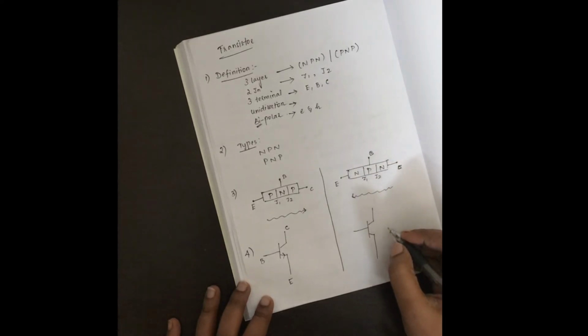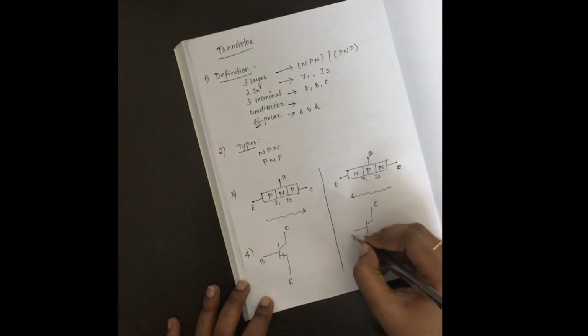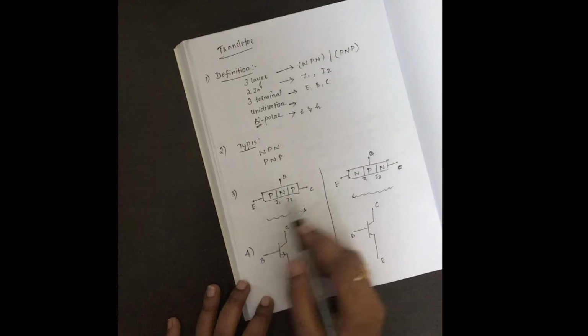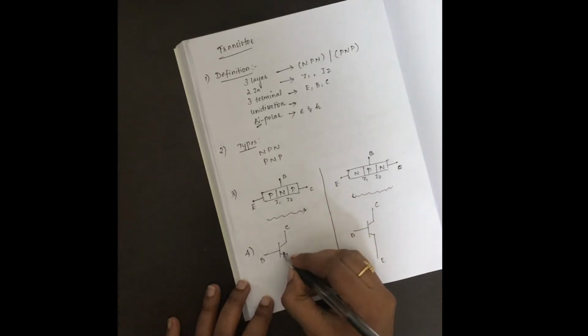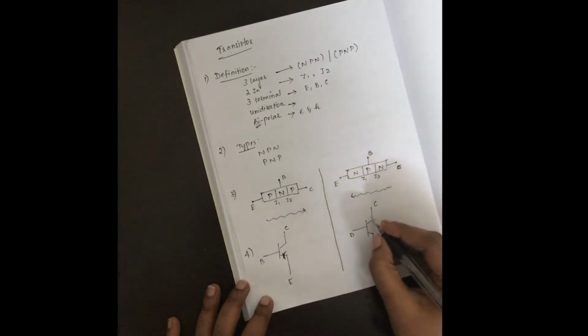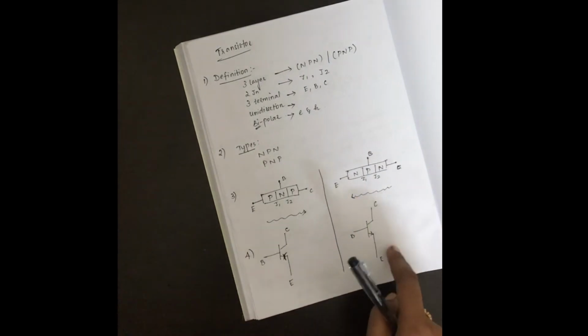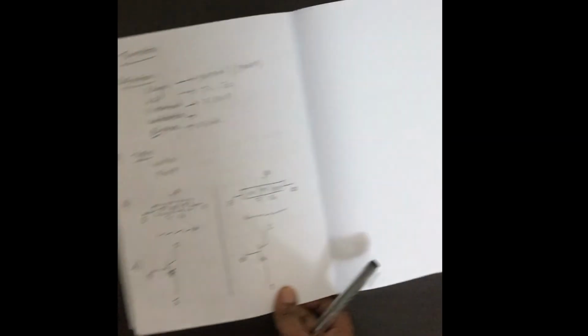For NPN transistor, current flows from collector to emitter. Sorry, this is from emitter to collector, so you will mark it like this. This side, current flows from collector to emitter, so this way. Okay, so this is the symbol of NPN and PNP transistor.